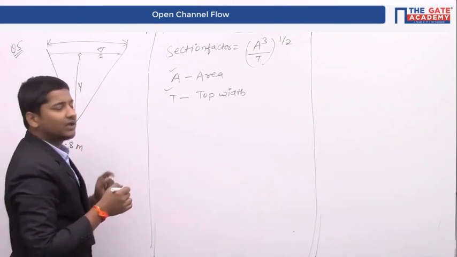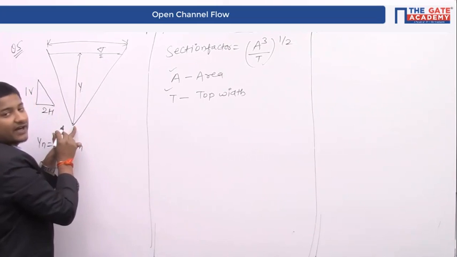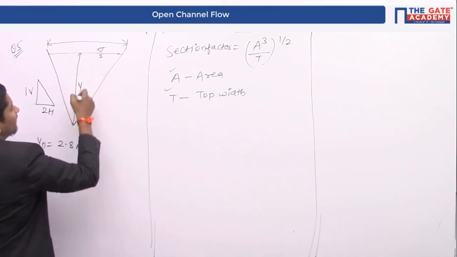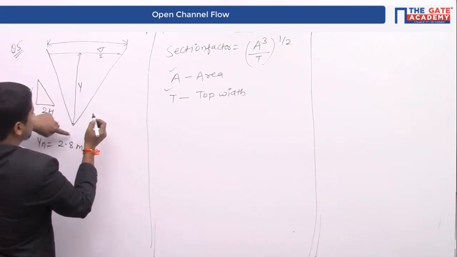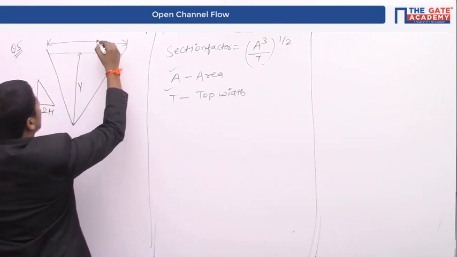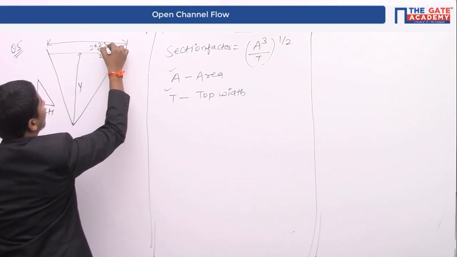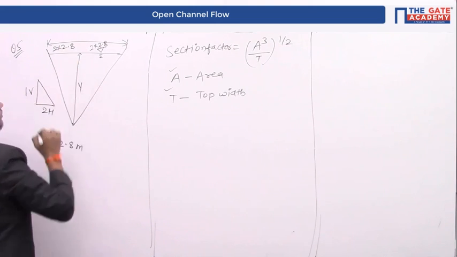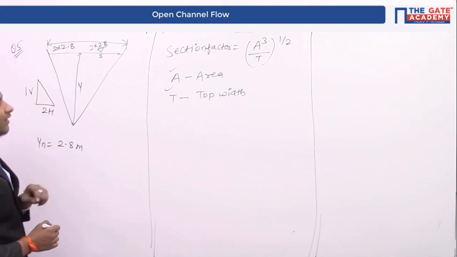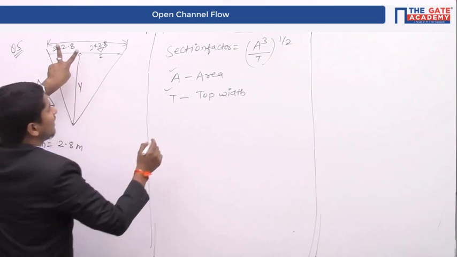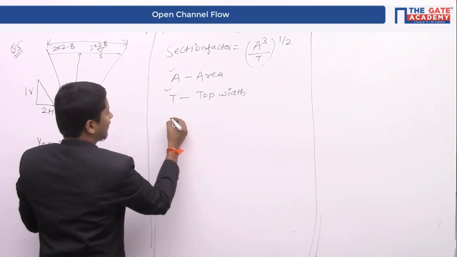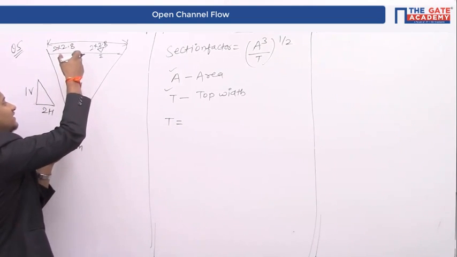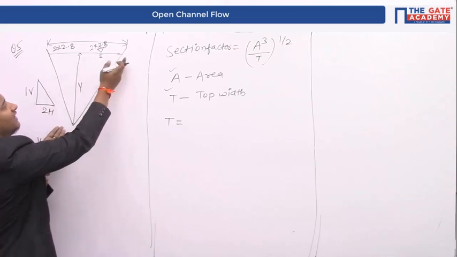That normal depth of the triangular section is 2.8 meter. So if it is 2.8 meter, this side will be 2 into 2.8, and this side also will be 2 into 2.8. I hope you understand this part. I am finding the T value. If the vertical depth y is 1 meter, then horizontal will be 2 meter.